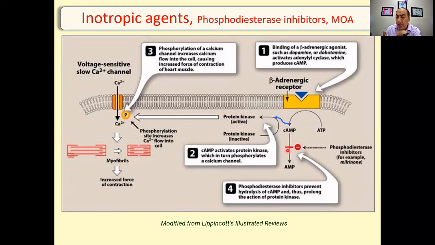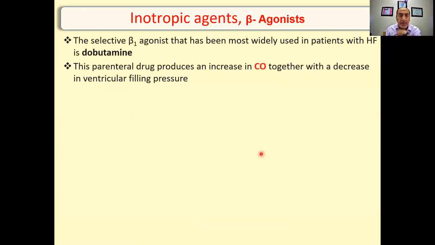These inhibitors will inhibit that part, so I can keep the cyclic AMP, which again activates protein kinase A. It's a kinase, so it adds a phosphate group, causing phosphorylation of the calcium channel, which allows more influx of calcium. I think that's it. So now these two mechanisms are in one, two in one, like the shampoo, Head and Shoulders, two in one.